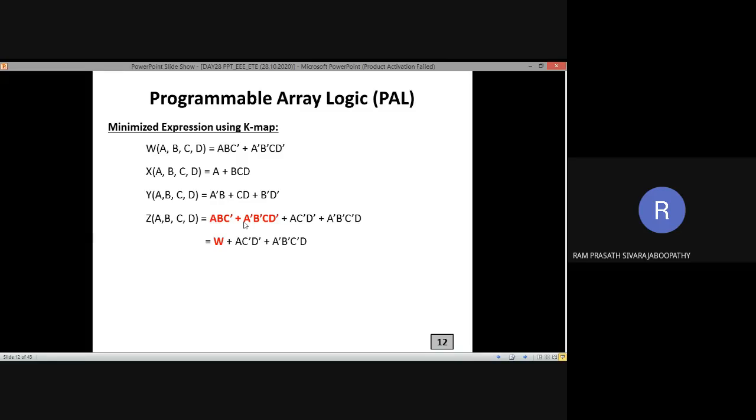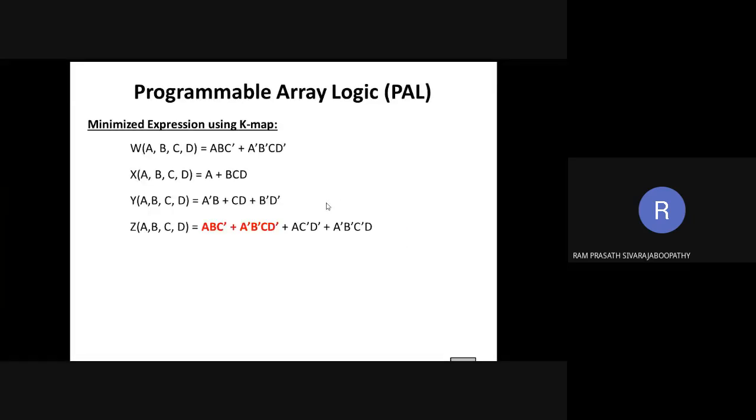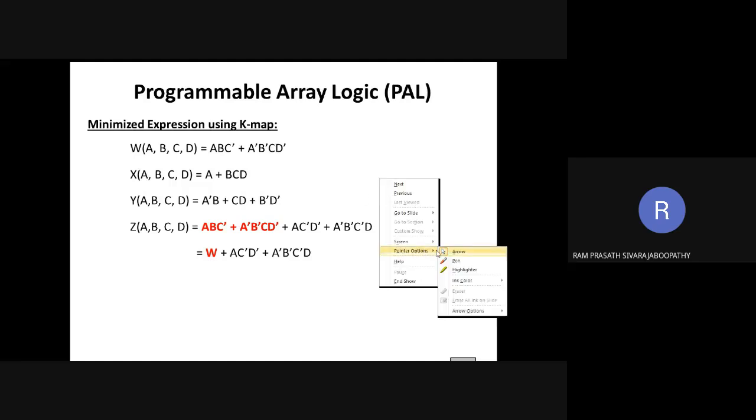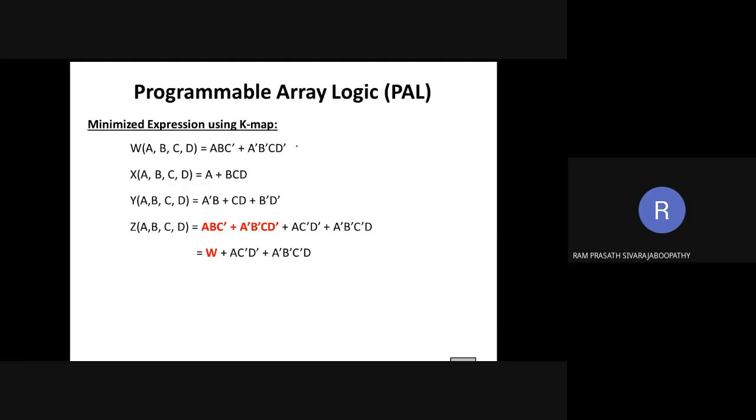So what I am going to do is make all the functions have the same number of AND terms. Plus 0 I am going to do. For the second one also I am going to do plus 0.